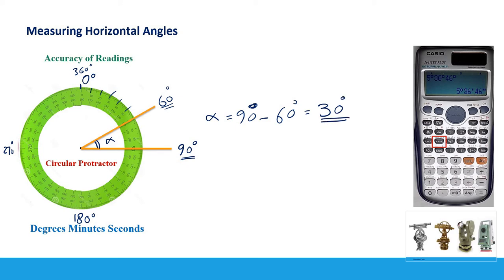This is the horizontal angle between these two directions, in this case using a circular protractor. And this simple principle is exploited in theodolites and total stations to help us to measure horizontal angles in our projects.